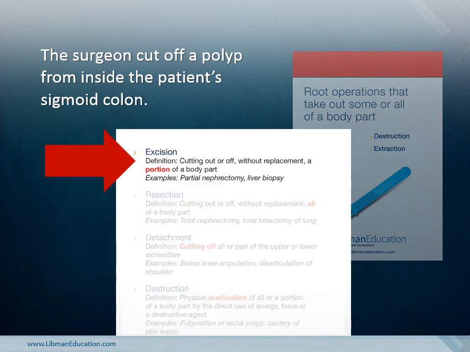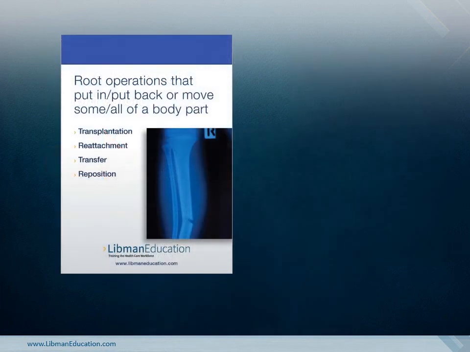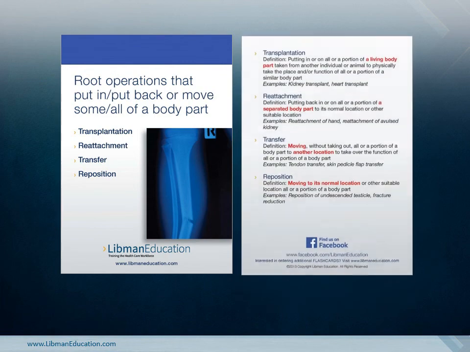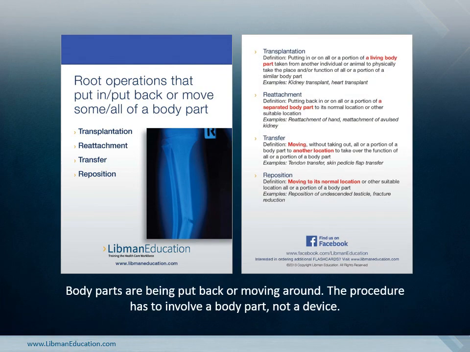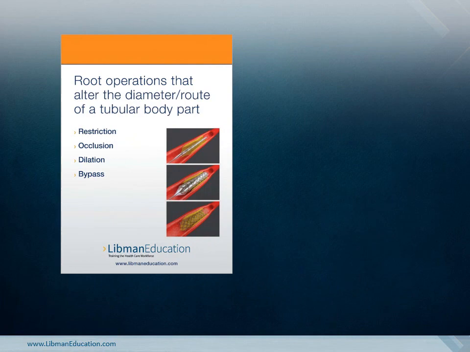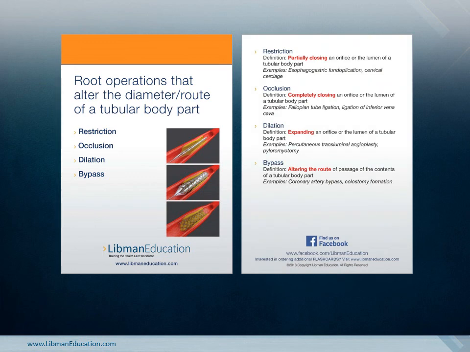The rest of these groups work the same way. The blue card is the group where body parts are being put back or they're moving around. To select this card, the procedure has to involve a body part. It doesn't involve a device. The orange card is the group that involves the diameter or the route of a tubular body part, such as arteries, veins, the tubes of the GI system, the respiratory system, or the genitourinary system.